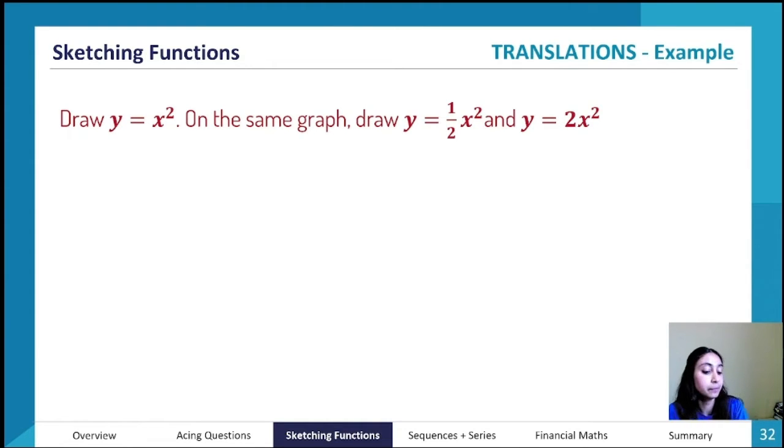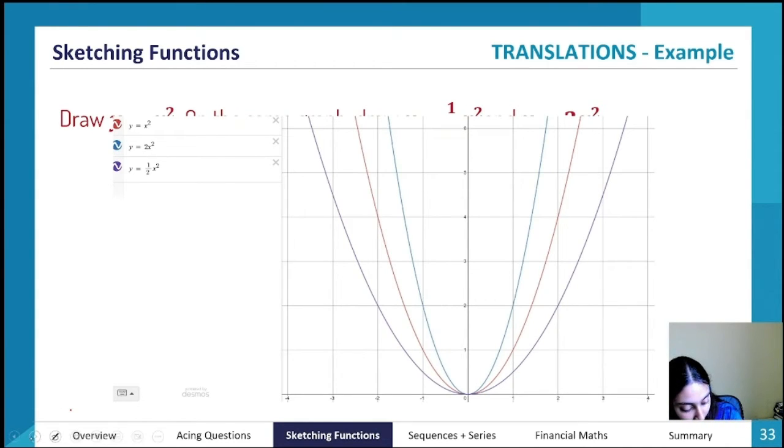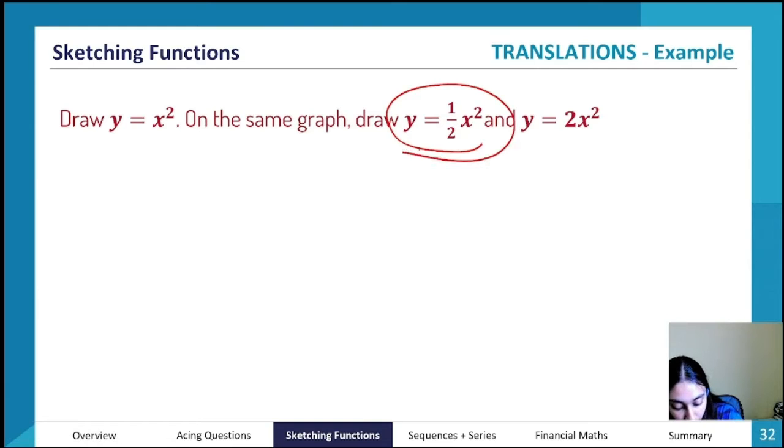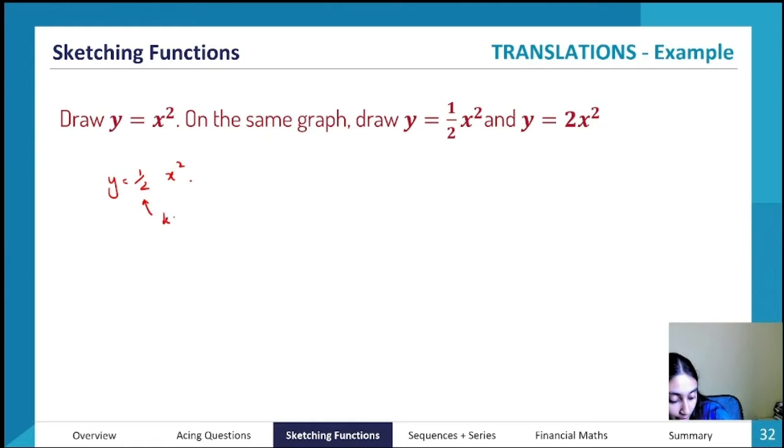Okay, let's get started. Let's work through this question and this question. Let's do the first one. So y is equal to a half x squared, so my k value is equal to a half. What's going to happen to the actual curve?